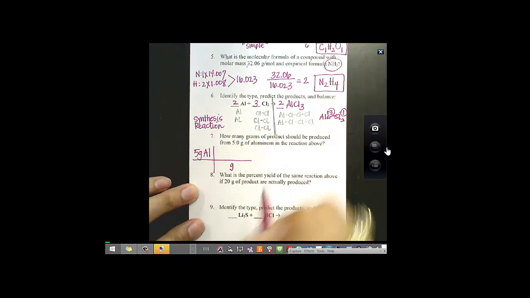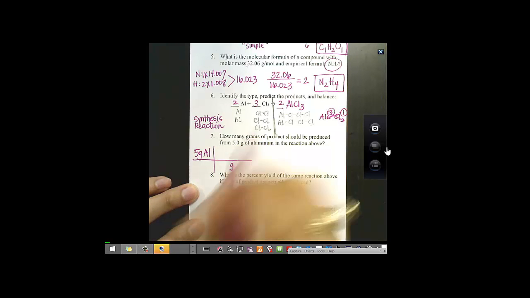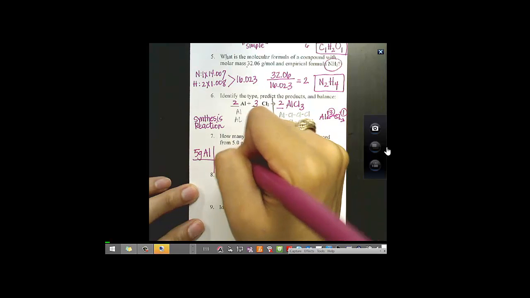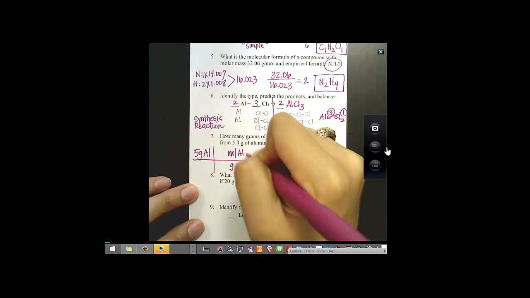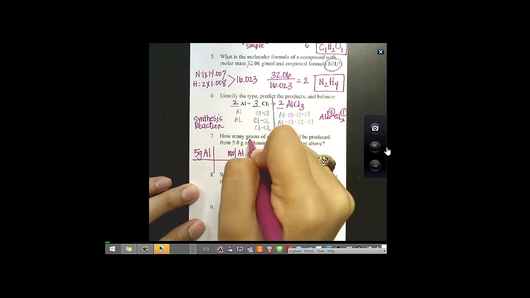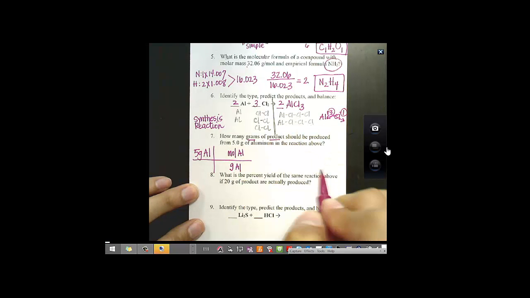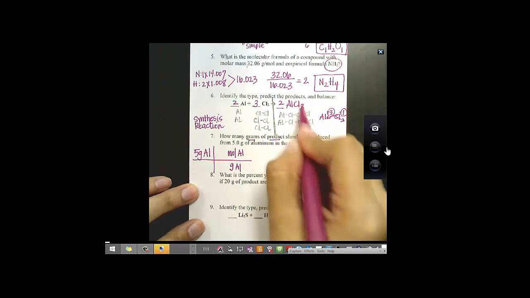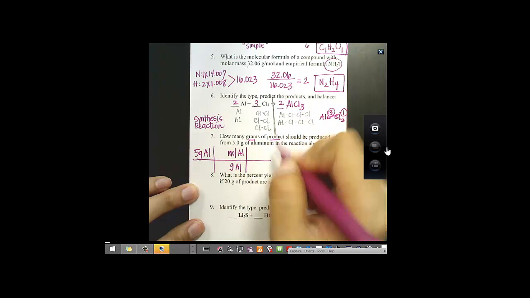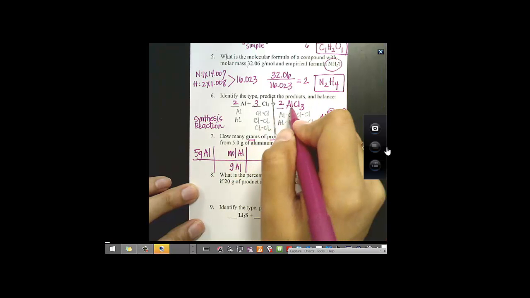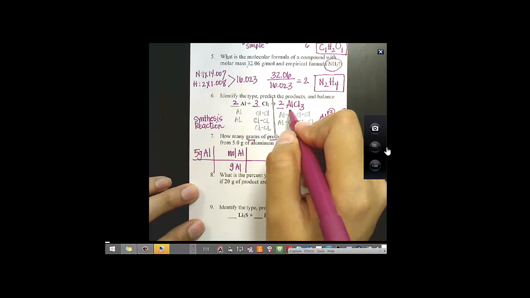I don't want grams, so I'm going to cancel grams out. The only thing I can convert grams into is moles. So grams of aluminum, moles of aluminum. I'm trying to find grams of product. My product is AlCl3. So I'm going to need to change from aluminum into AlCl3.